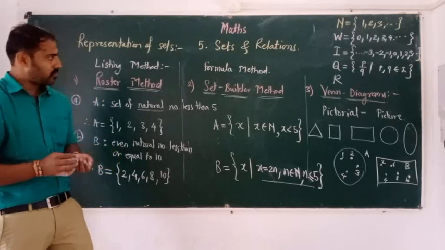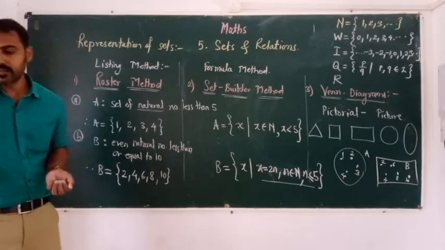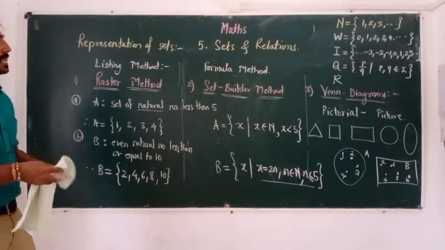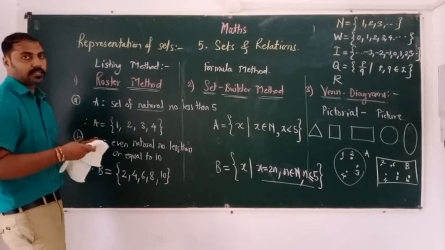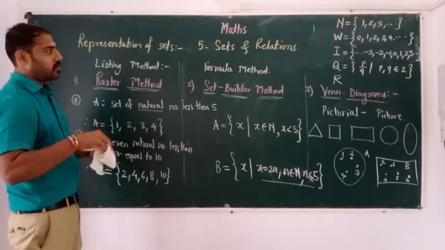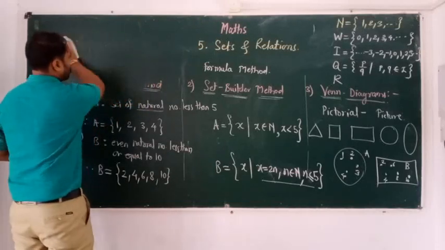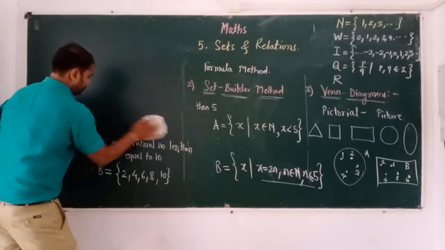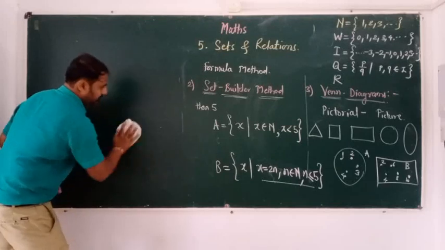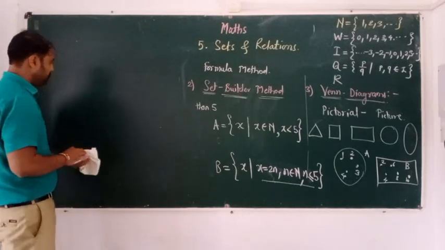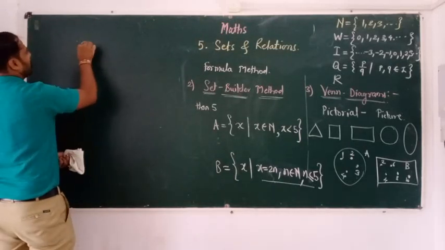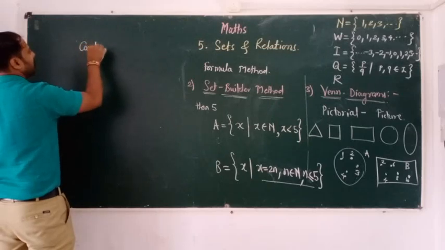Okay. Now we are moving to our next definition, that is the cardinality of a set, or the number of elements.